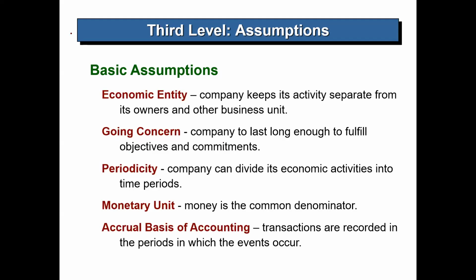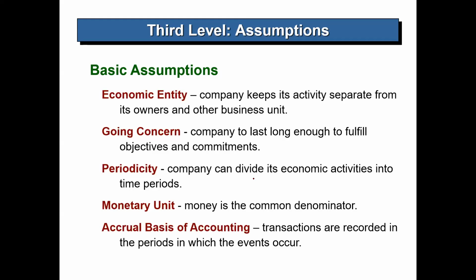Once the company starts to face recurring losses, its going concern will be impaired. So going concern means we assume the company will go on long enough to fulfill the objective or the commitment.